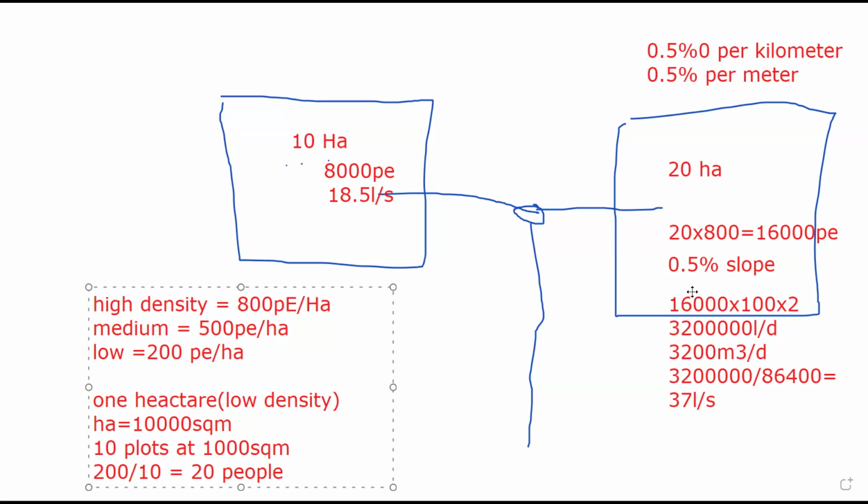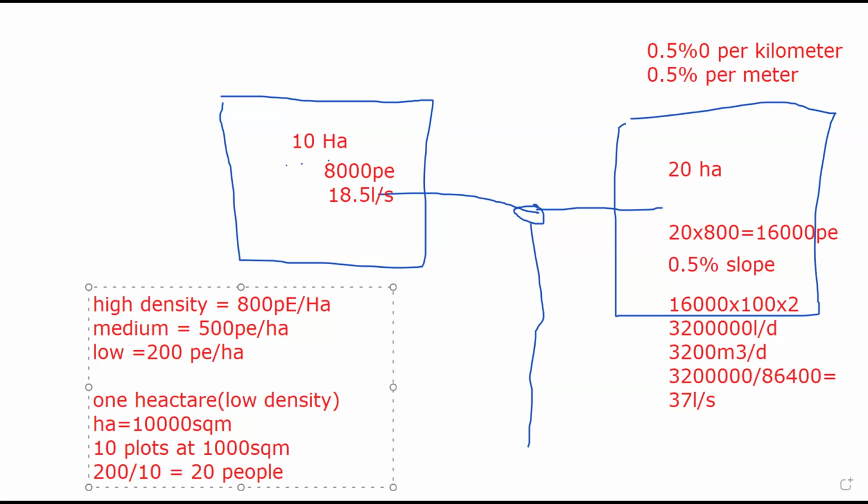You have not finished explaining up there 0.5%. Okay, so I said when you see, like in your chart, when you see 0/00, it means per kilometer. When you see 0/0, which is percent, it is per meter. Remember, meter is 100, kilometer is 1,000. When I say per hectare, it means per 10,000. When I say per kilo or per mil, it means per 1,000.